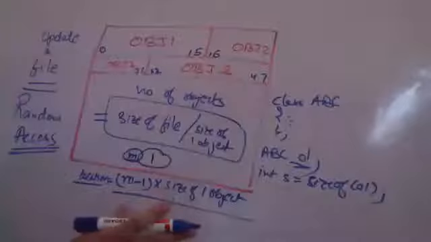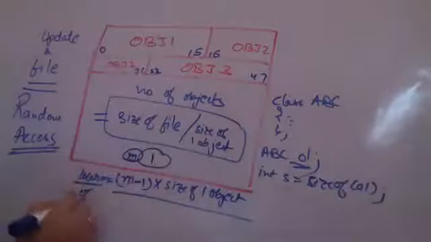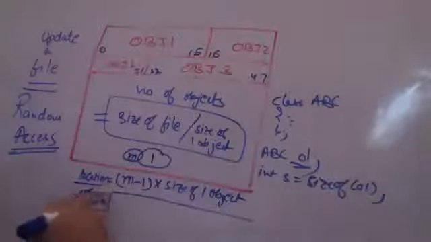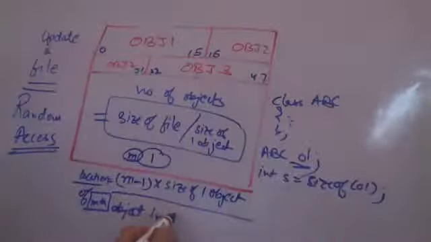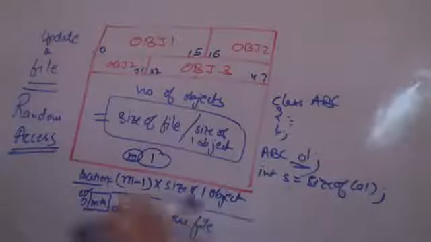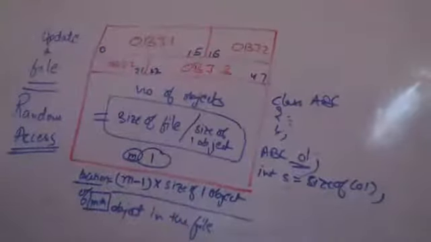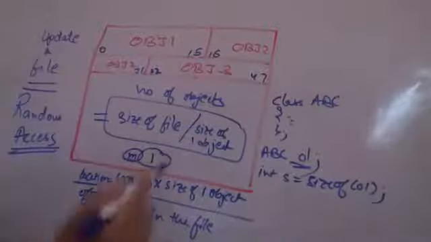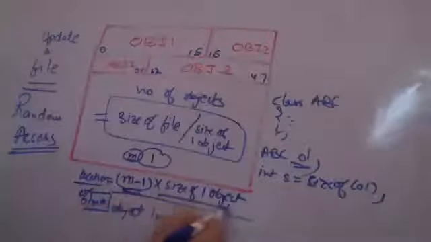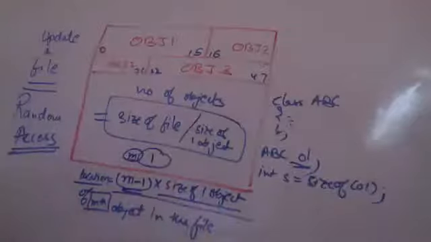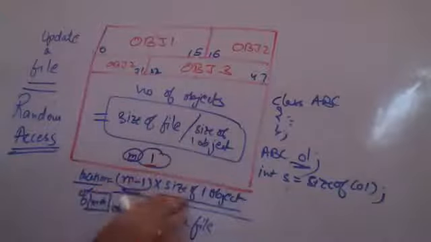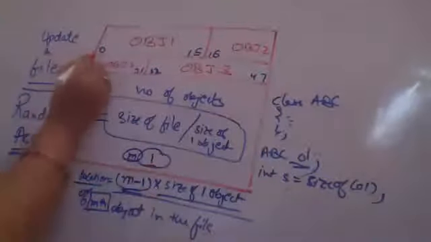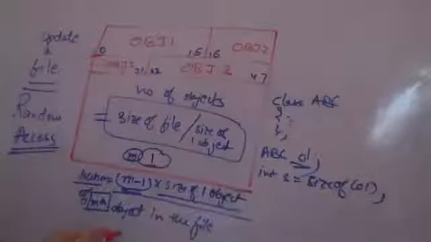I am again repeating, if I want to find the location of the mth object in the file, it is equal to m minus 1 multiplied by the size of one object. For the first object, 1 minus 1 is 0, into whatever it is, 0 will be there. 0 is the location of the first object.